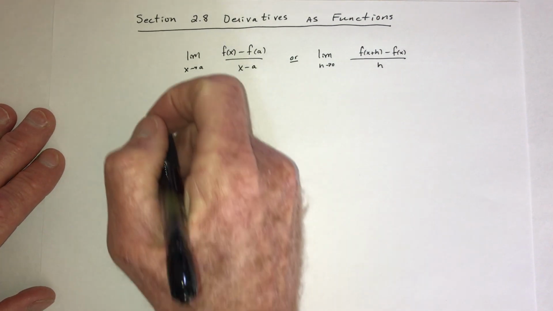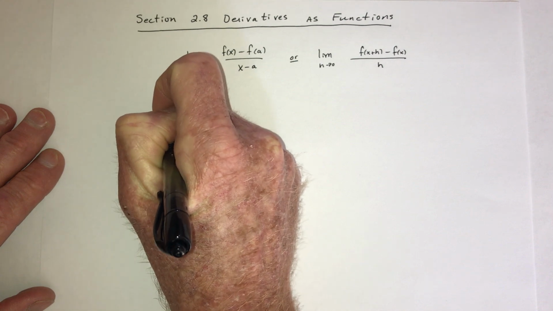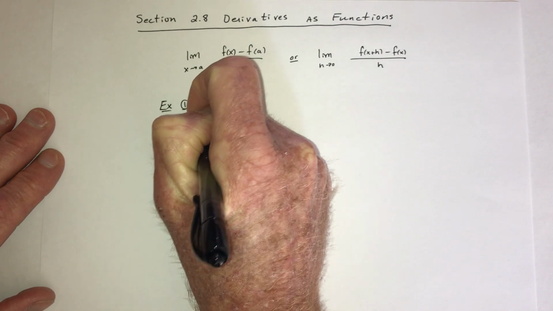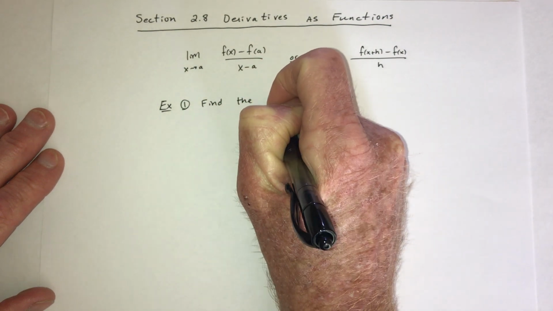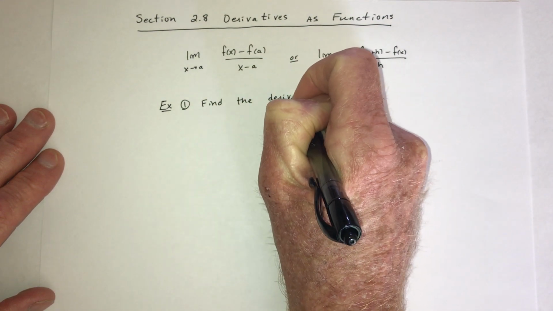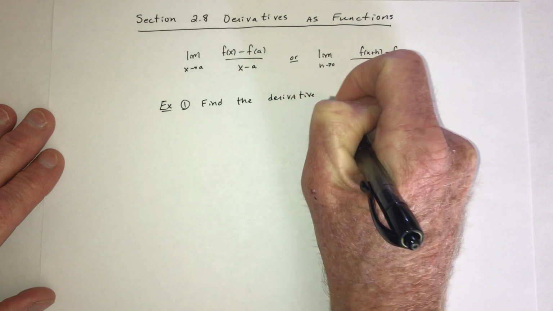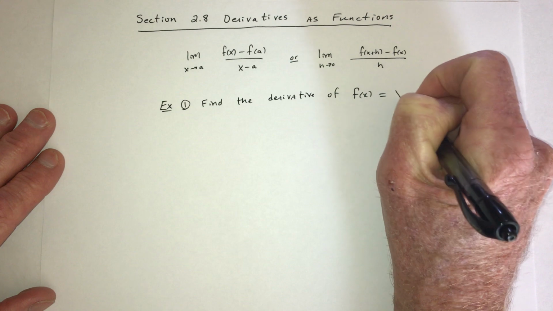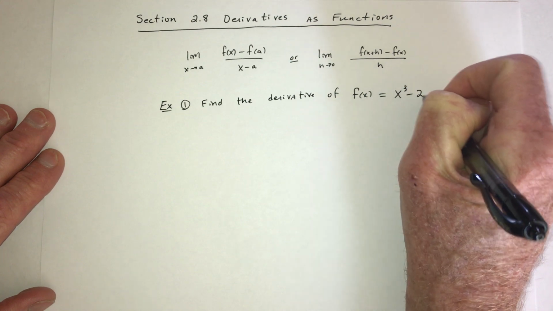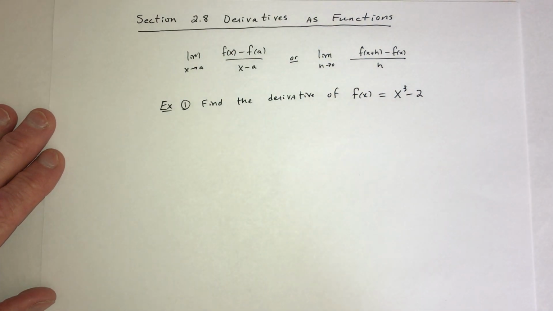So for example number 1, find the derivative of the function x cubed minus 2. And then which one should we use?